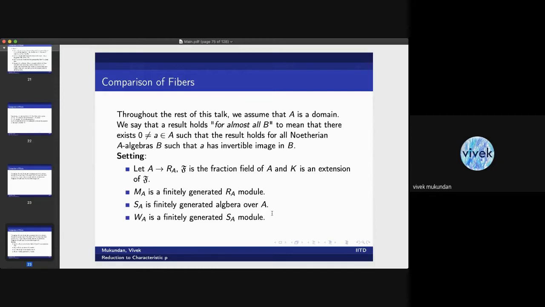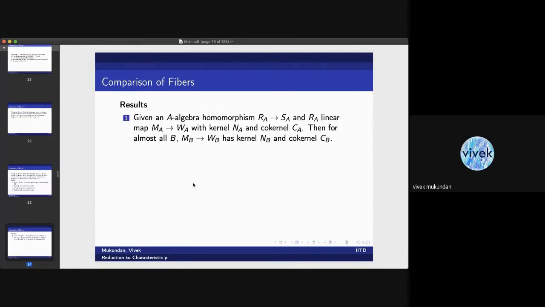So if you have a map between R and S, you would like to study the map between RA and SA and its corresponding modules and so on. Given an A-algebra homomorphism from RA to SA, and an RA-linear map from MA to WA with the kernel NA and the cokernel CA, then for almost all B, MB to WB has the kernel NB and cokernel CB.